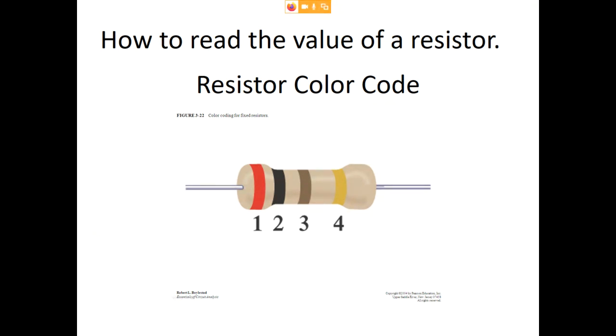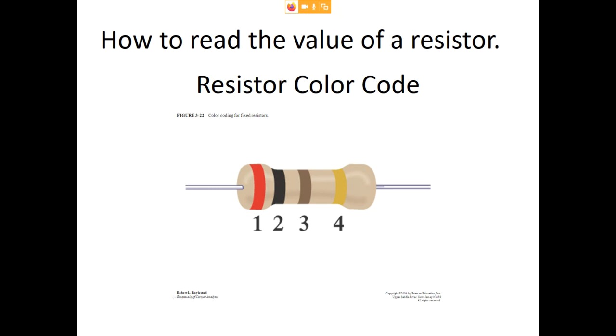So what they've come up with is something called color code, and they just put these stripes on here, and each color of the stripe tells you a number, and then based on that we can determine information about this resistor.